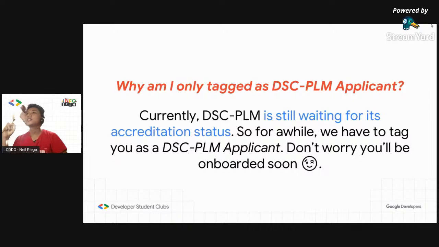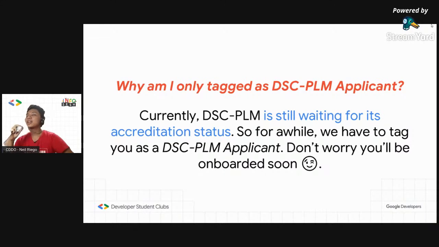So, why am I only tagged as DSC PLM applicant? Ito nga yung ina-emphasize namin kanina ni Kuya Migs. Currently, DSC PLM is still waiting for its accreditation status. Habang hinihintay namin accreditation status, hindi pa namin pwede kayong i-announce as official member since hindi pa nga kami accredited.